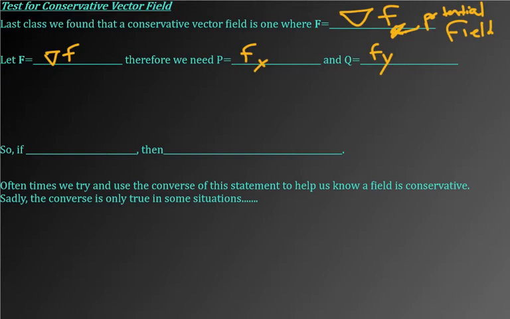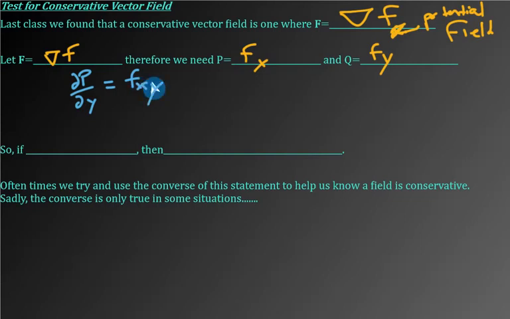We're basically going to use a result from the partial derivatives unit to do another test here. So we know that if we do the partial of P with respect to y, then that, based on what I have right up here, should be f with respect to x, y. And we know there's this thing called Clairaut's Theorem. I don't speak French, I don't know how to say it, I'm sorry.